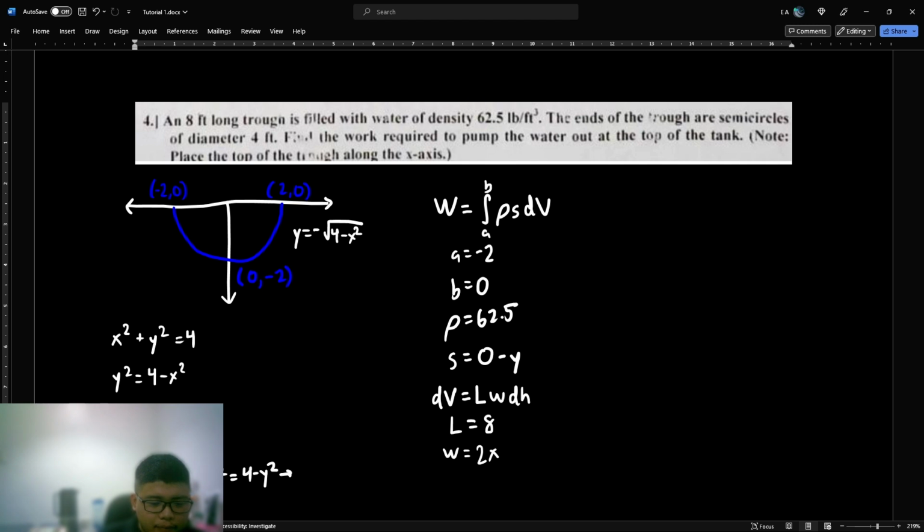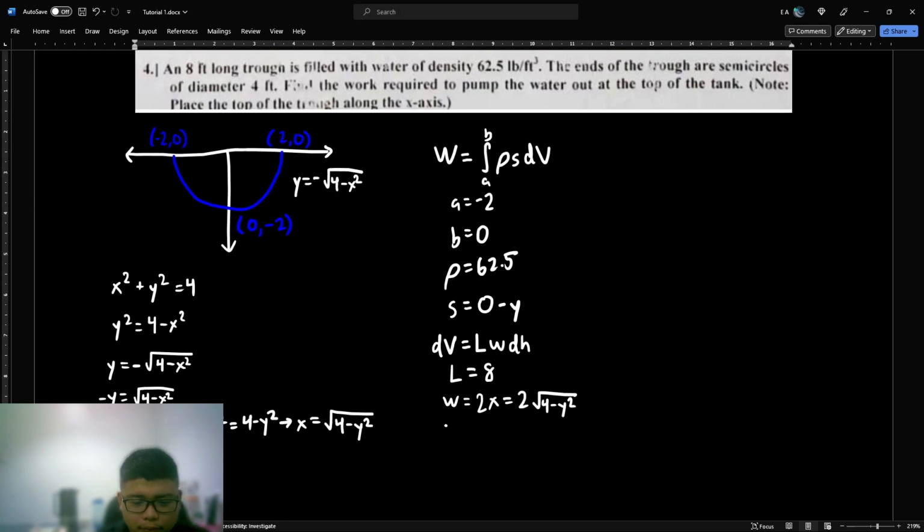And x is equal to square root of 4 minus y squared. We'll take the positive x here since it's actually symmetrical. So the width is equal to 2 square root of 4 minus y squared. And simply our dh is equal to dy.